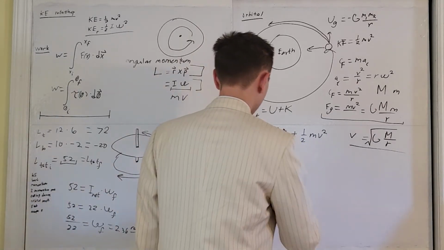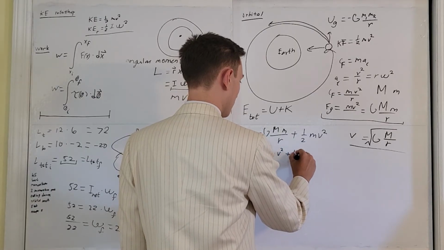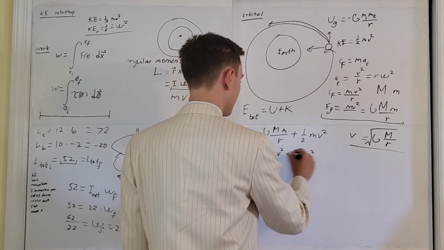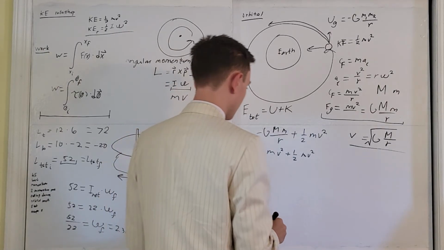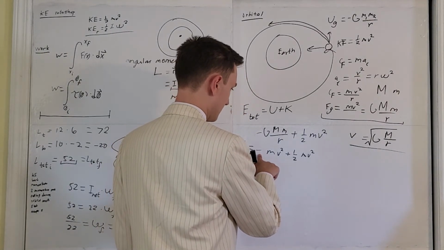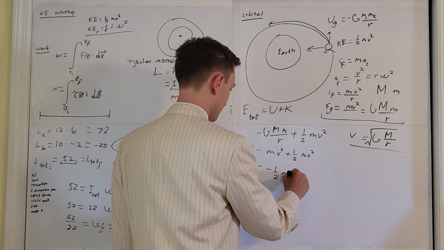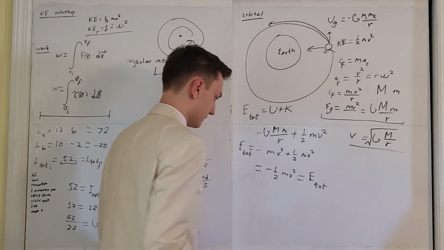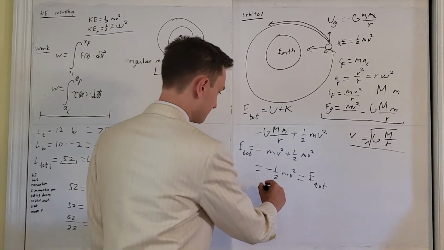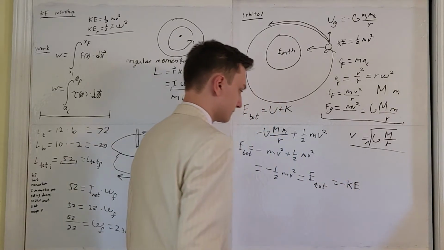Therefore, I can write that negative m v squared plus 1/2 m v squared is equal to the total energy of the system. So, negative m v squared plus 1/2 m v squared equals negative 1/2 m v squared. The total energy in my system is negative KE. Okay?